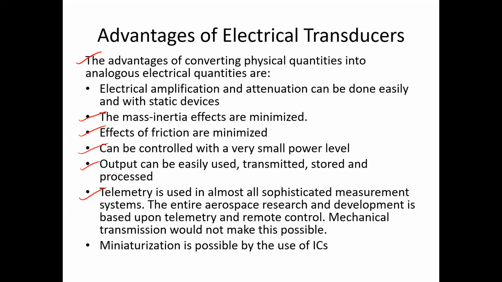However, once it is converted into electrical form, it can be transferred, and on the receiving side it can be decoded and the useful information restored. And also with the development of electronic ICs and different transistors, it has been possible to miniaturize the sizes of different measuring instruments. That is also another advantage of converting a signal into electrical form using electrical transducers.